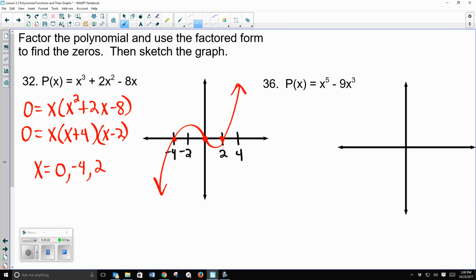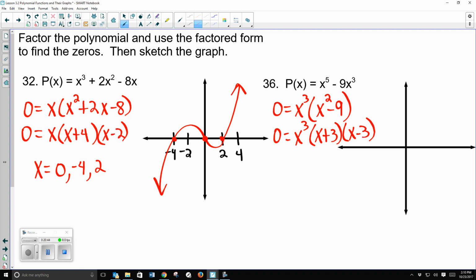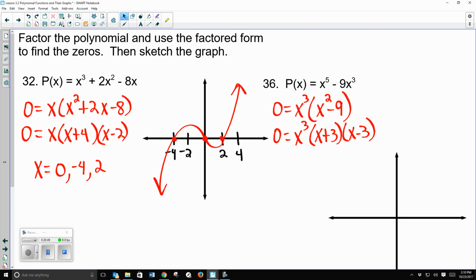Let's go ahead and do number 36. You're going to factor out an x cubed. You're left with x squared minus 9. Then that factors as x cubed times x plus 3 times x minus 3. According to that chart, and you may have to look back at yours, this would be a pass-through.